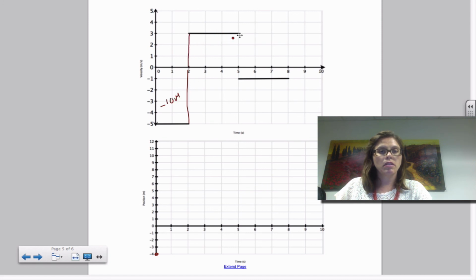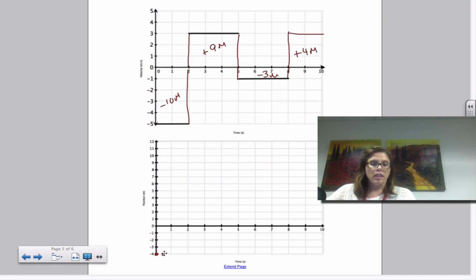The displacement for part 2 is 1, 2, 3 times 1, 2, 3, so this is +9 meters. This will be -3 meters, and then we'll go ahead and just do that 2 that we solved for just now. And so we'll say that is +4 meters.